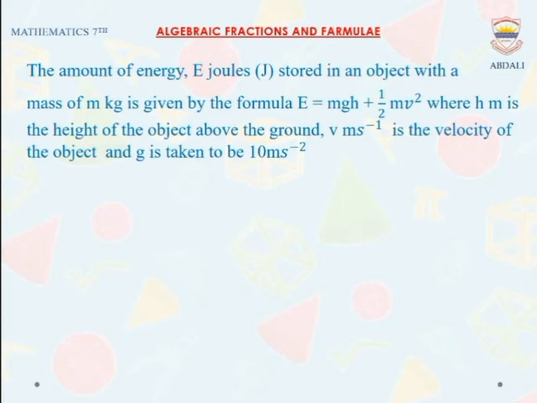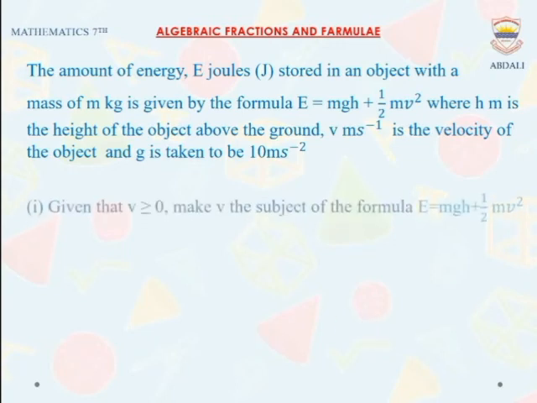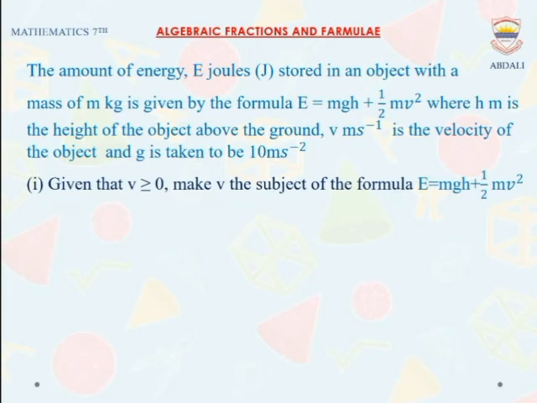The formula is E equals mgh plus 1 by 2 mv square, where h meter is the height of the object above the ground, v ms minus 1 is the velocity of the object, and g is taken to be 10 ms minus 2. So class, they have given us all the values. Given that v is greater than 0, make v the subject of the formula.